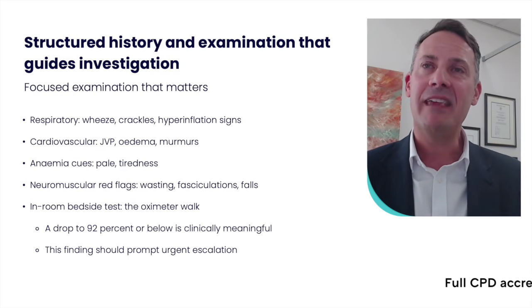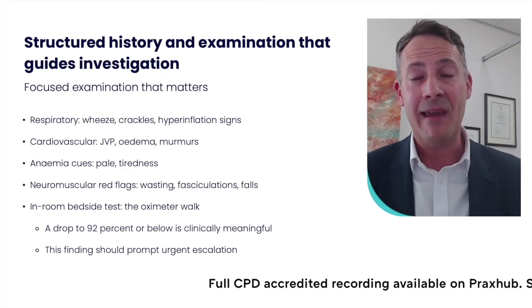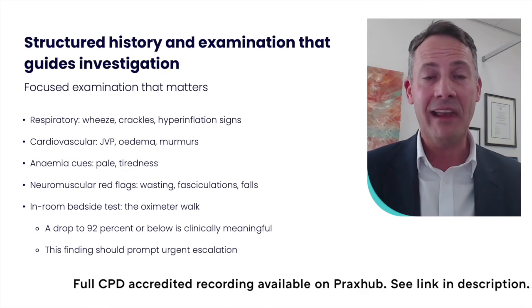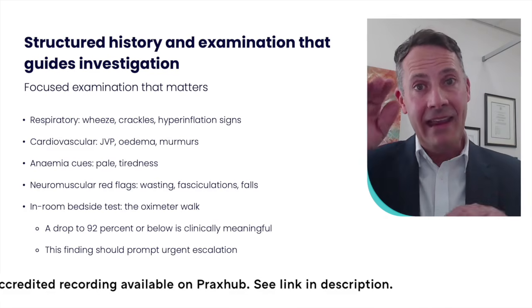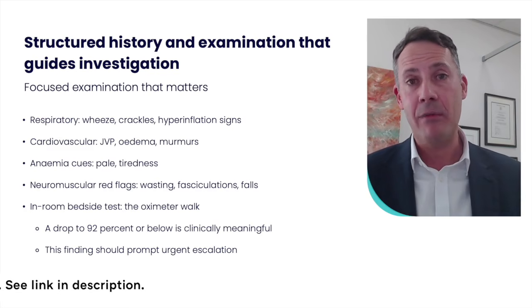But one of the things which I think is often forgotten with neuromuscular is the more simple things like kyphosis or scoliosis, or leg length discrepancy if people have had hip surgeries or if they've had a hip fracture.